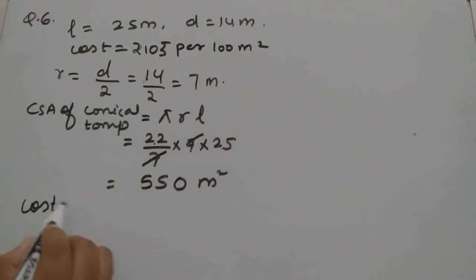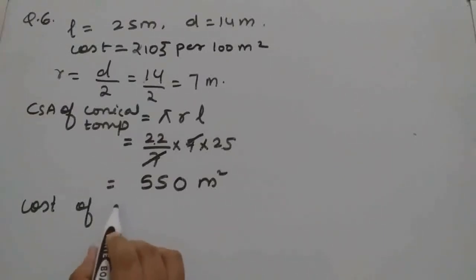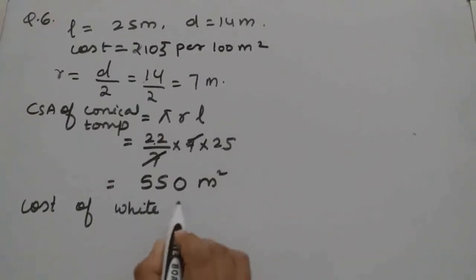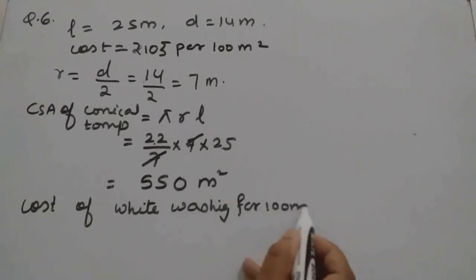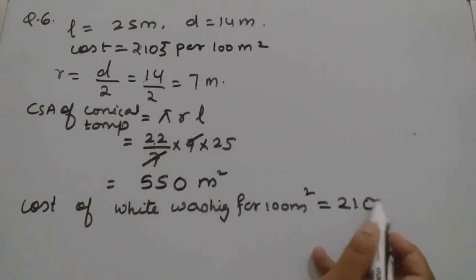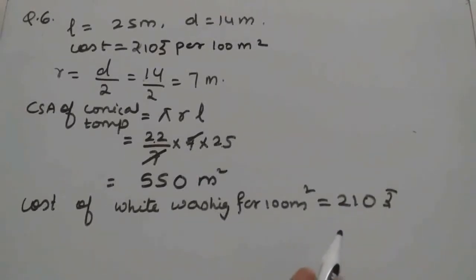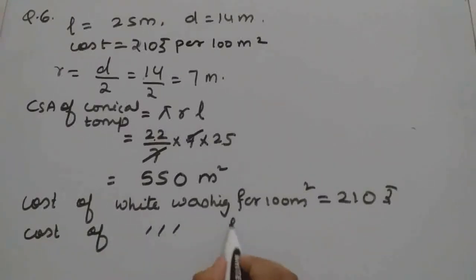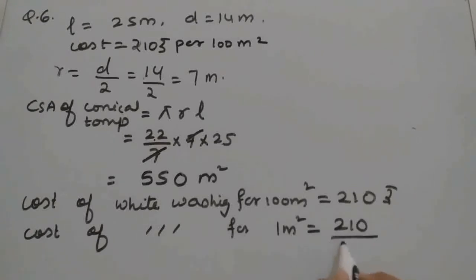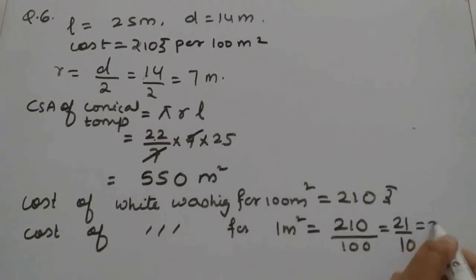Now the cost of whitewashing for 100 meter square is 210 rupees. So the cost of whitewashing for 1 meter square will be 210 divided by 100, isn't it? So this is 21 by 10, or 2.1 rupees.